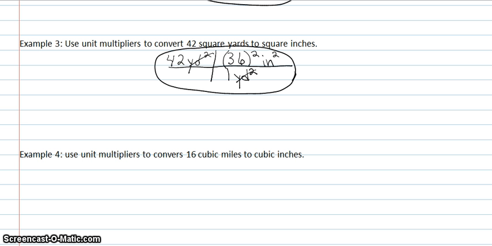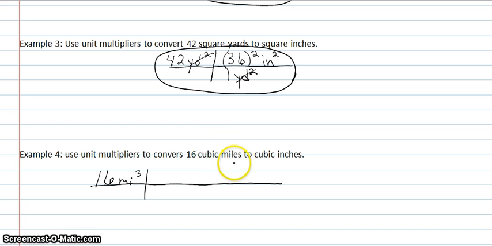In example 4, it says use unit multipliers to convert 16 cubic miles to cubic inches. So this time we're going to have some more multipliers. So we'll have 16 miles cubed. And I need to think, there's a step between inches and miles.